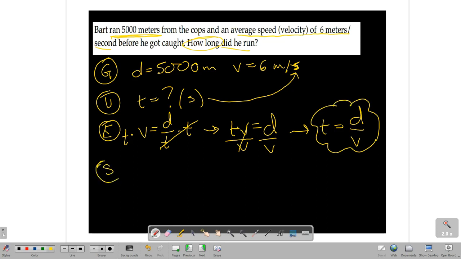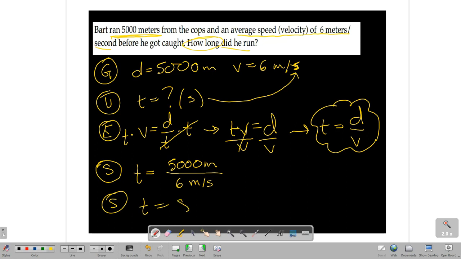Now I can go to my substitute step. Time is equal to the distance, which is 5,000 meters, over 6 meters per second. So when we solve here, this should come out to be 833.33 seconds.